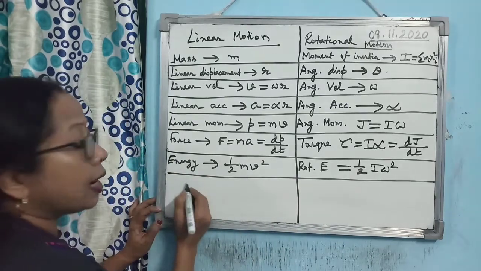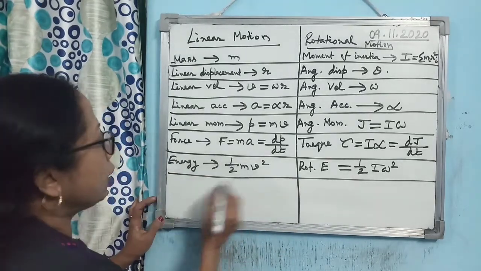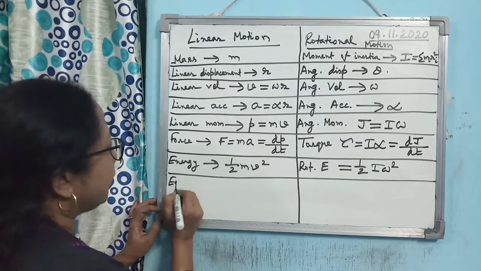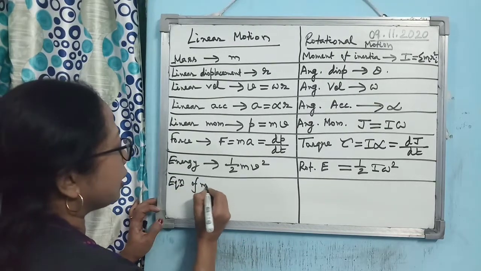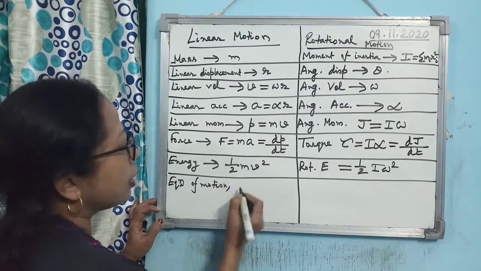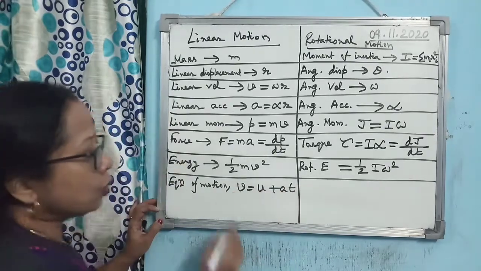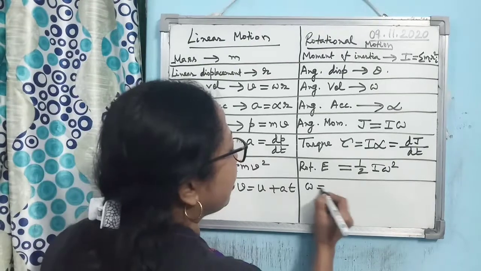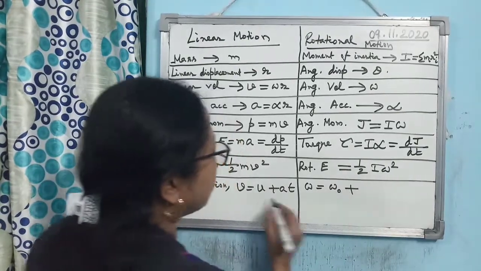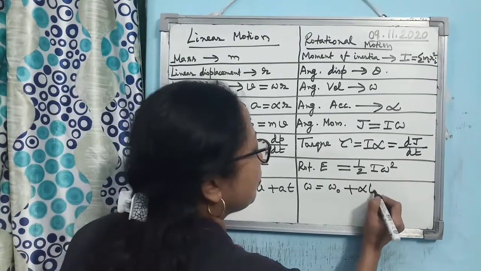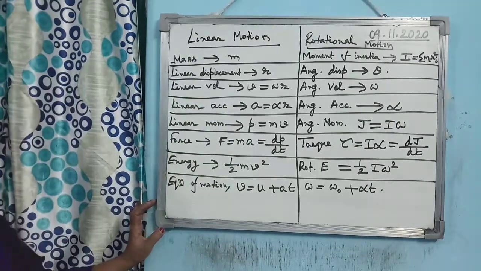Then you can write it as force and energy we have done. Then coming the equations of motion. What are the equations of motion you have got? First one is v is equal to u plus at. So you can write it as omega is equal to omega naught plus alpha into t. Is that clear?